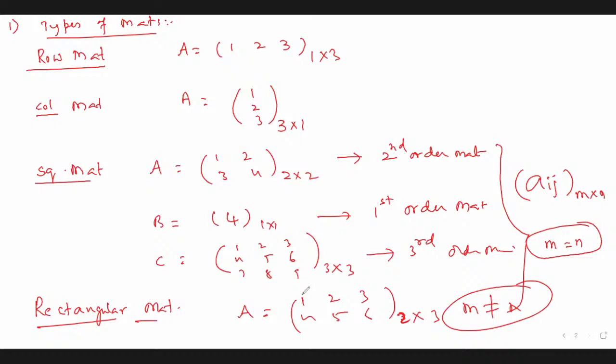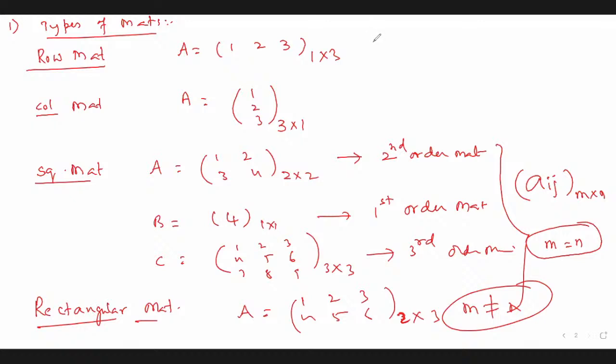Now, everyone knows about these row matrix, column matrix, and all those things. But theoretically, how should you write this? First of all, a row matrix means it should have one row.